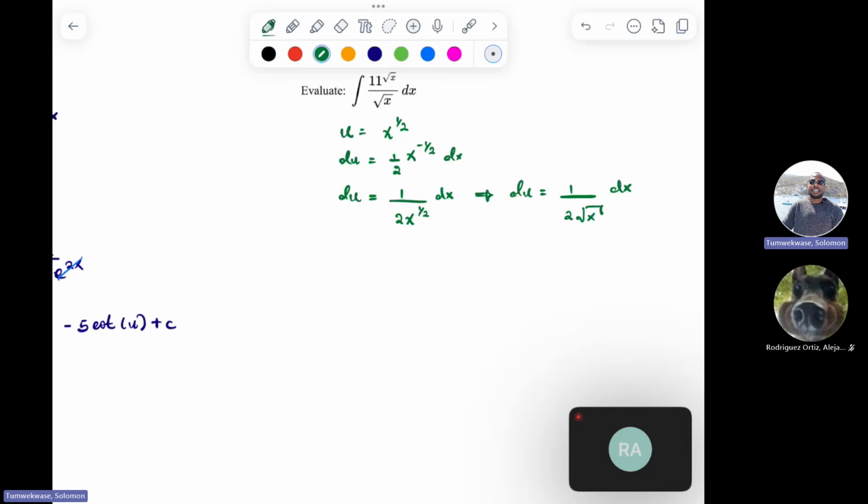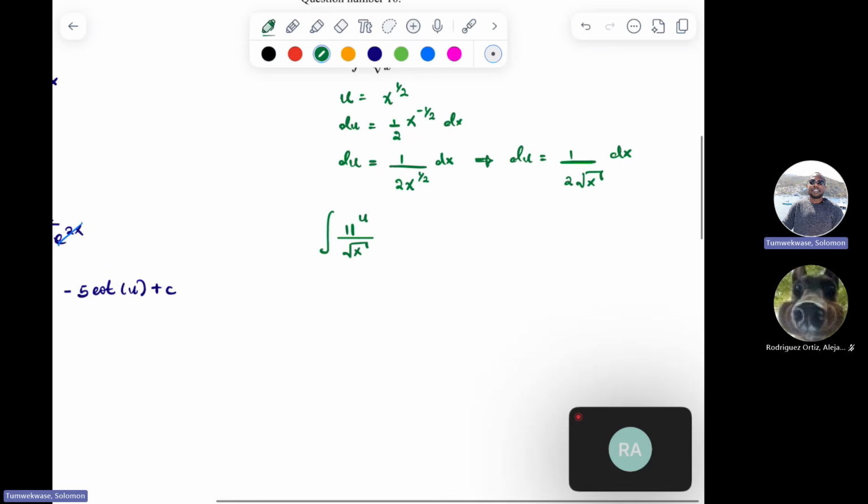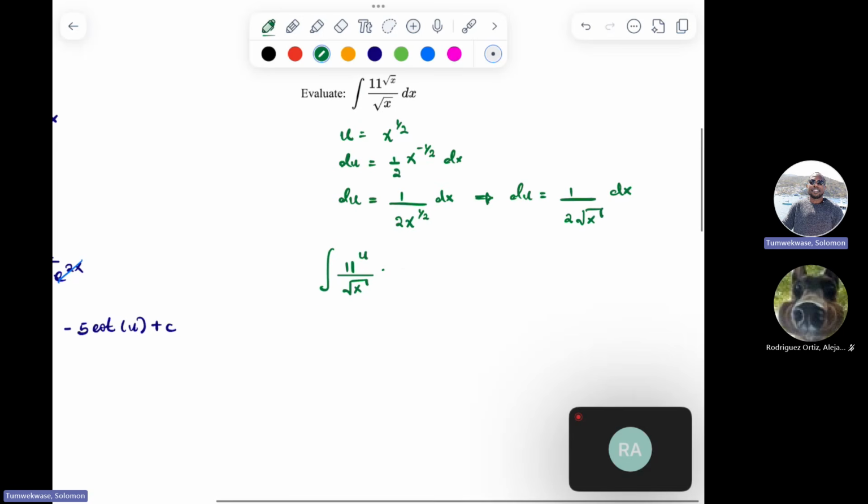So substitute everything back, so we shall have the integral of 11 to the power square root of x, which I said let that be u. Now, this other square root of x is also u, but I can leave it since I know that it's going to cancel with that guy there, then times dx, but my dx is the same as 2 square root of x then du.